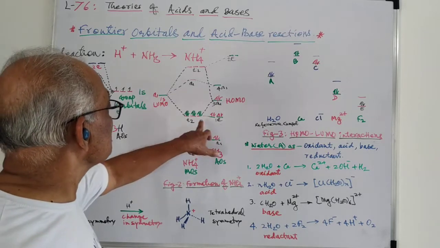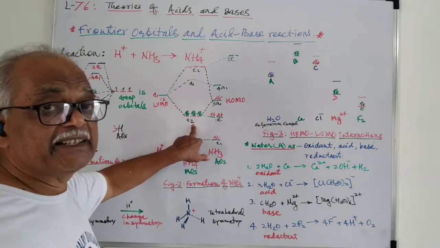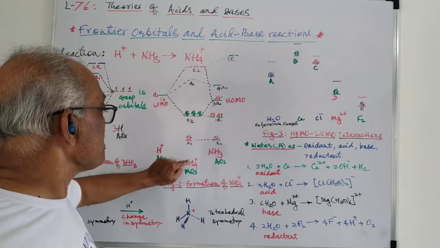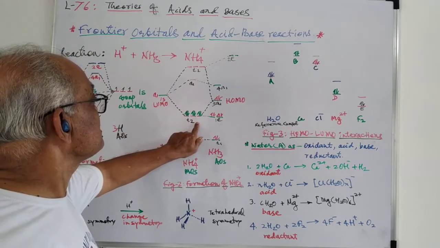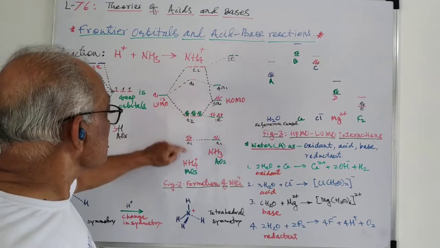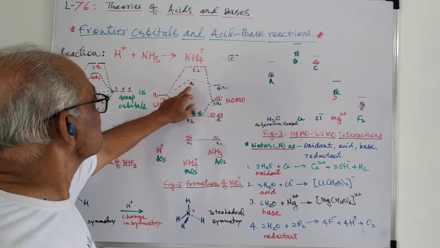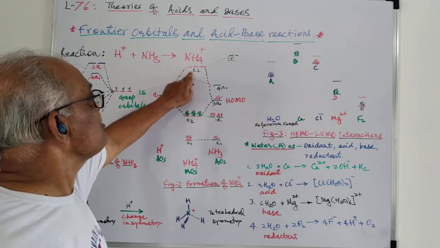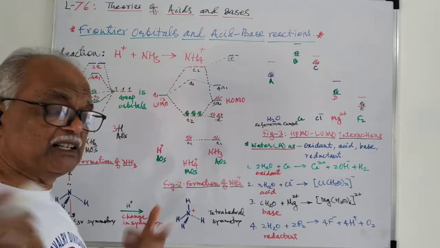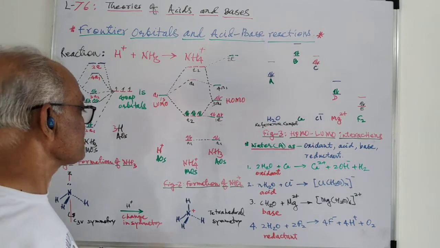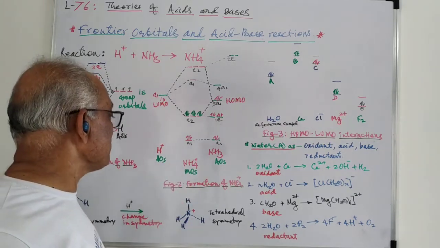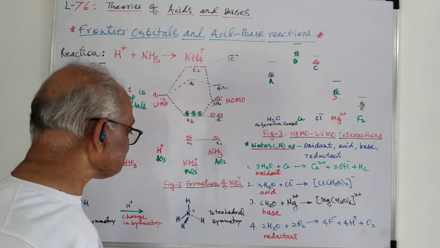So there are 3 molecular orbitals of NH4 having tetrahedral symmetry, which are occupying all these electrons. Then the antibonding molecular orbitals, A1 symmetry and T2 symmetry, are vacant. There are no electrons. So this is the case of formation of NH4 plus in this way.